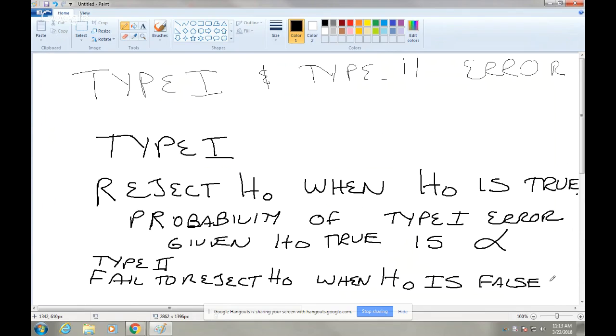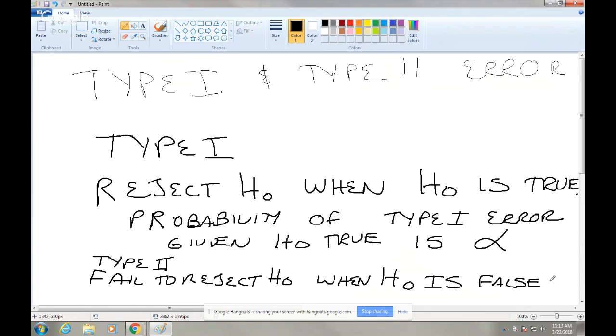Of course, it's kind of hard to say because we don't think of it that way. If it's type 2, all we know is what the hypothesis isn't. We can make up a specific alternative and come up with a probability of type 2 error.